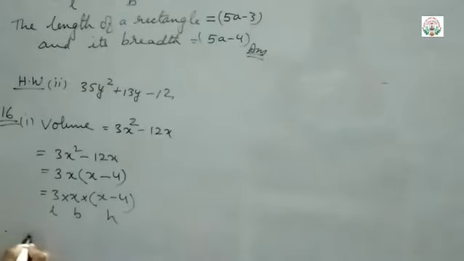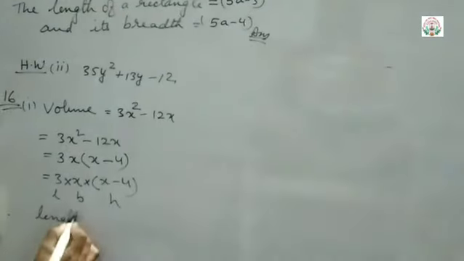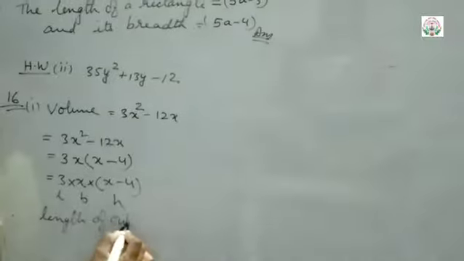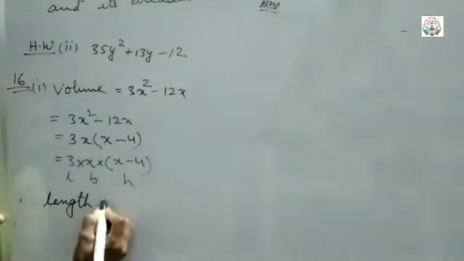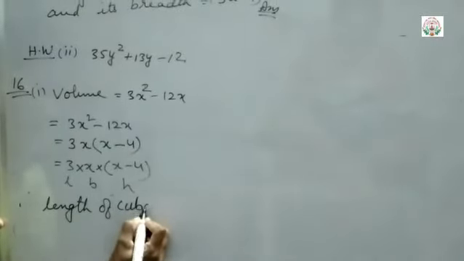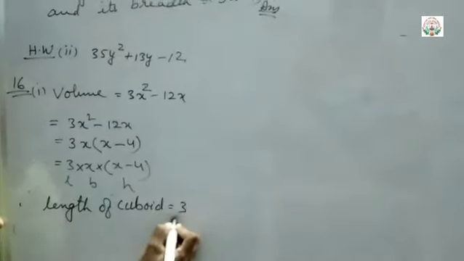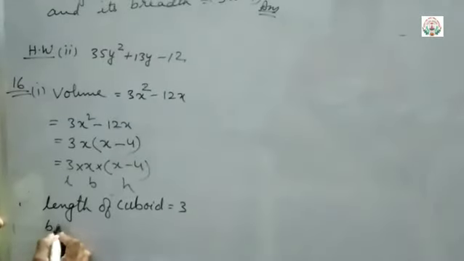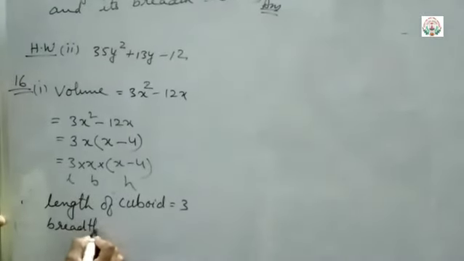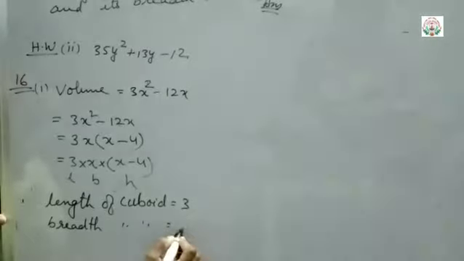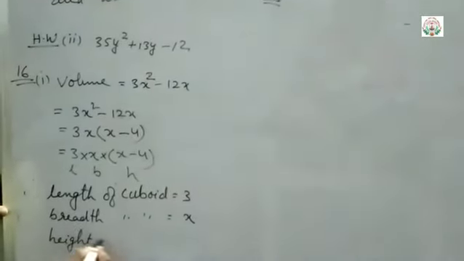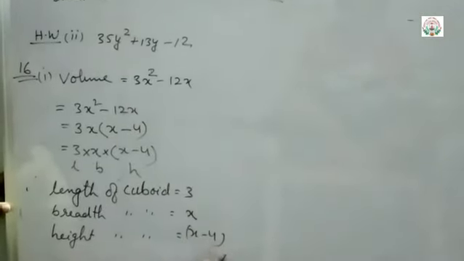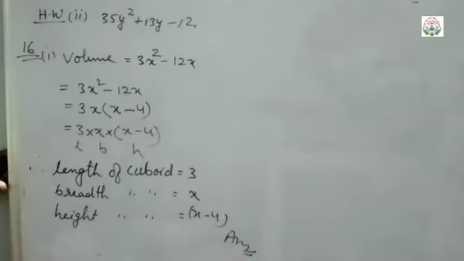Therefore you can write length of the cuboid equals 3, breadth of the cuboid equals x, and height of the cuboid equals x minus 4. Answer.